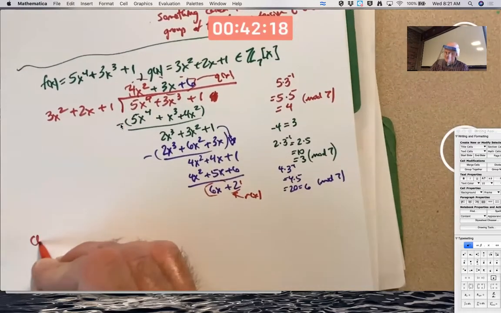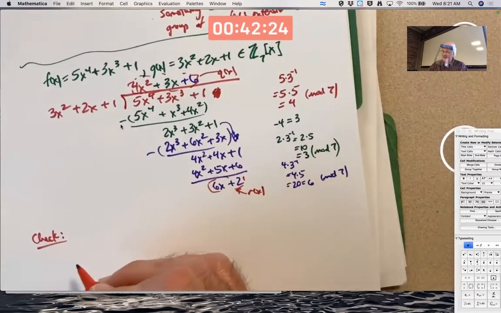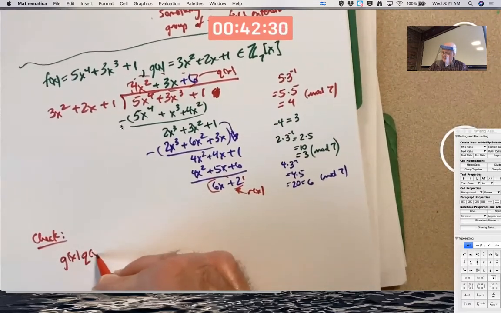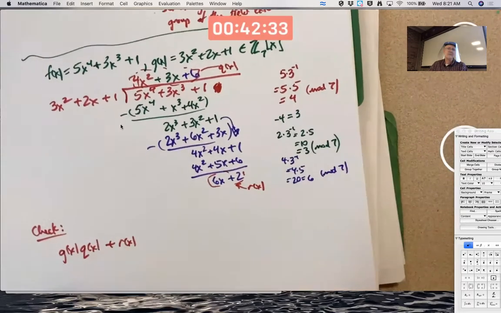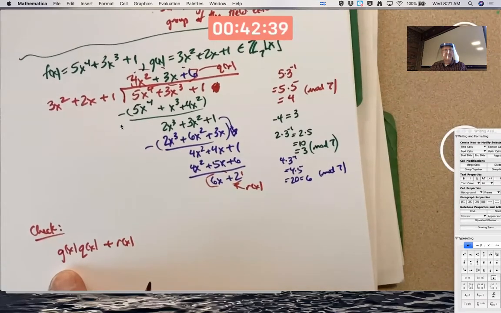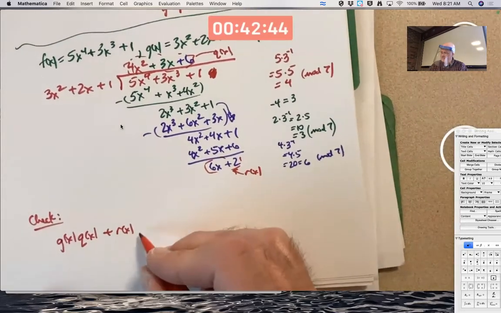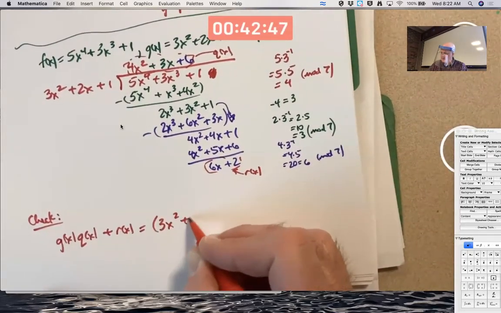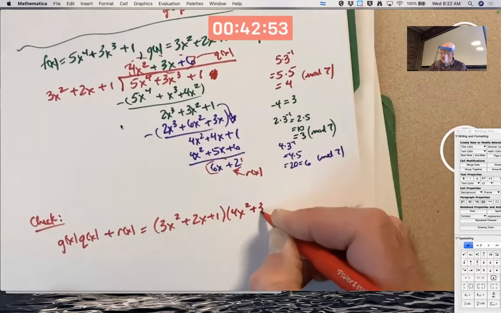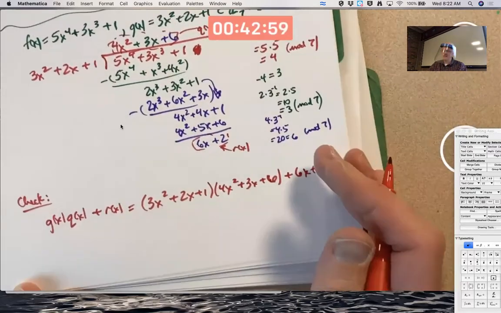Let's check it. We want to check that when we take g of x times Q of x plus R of x, that we ultimately get f of x. Right? f of x can be written as what we're dividing by times the quotient plus the remainder. That's what we hope. Do all the calculations mod 7.